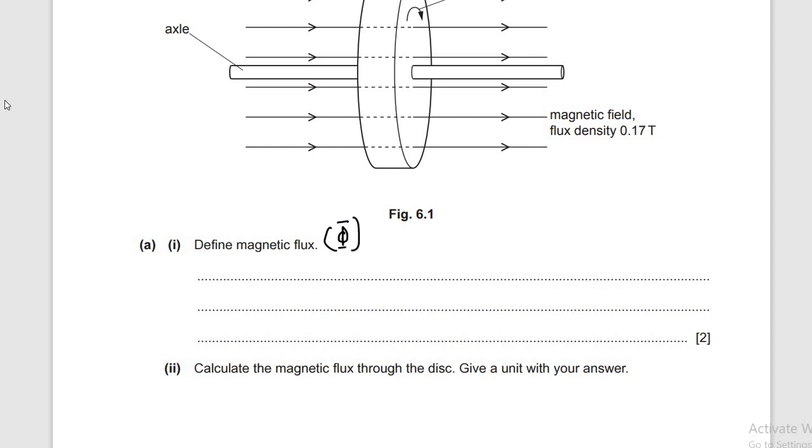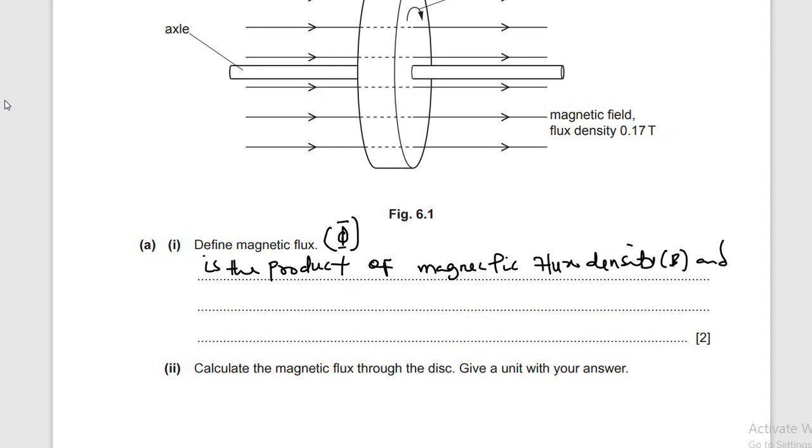Magnetic flux is the product of magnetic flux density B and the perpendicular area A to the magnetic field.